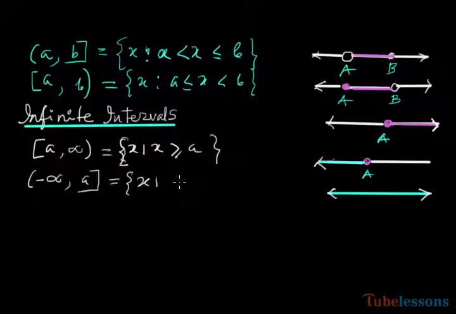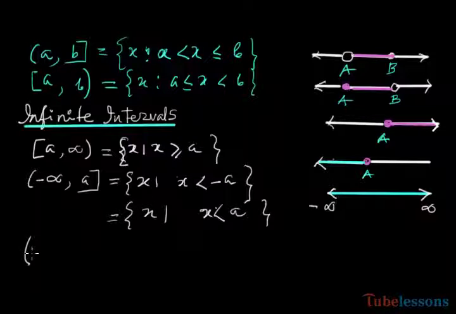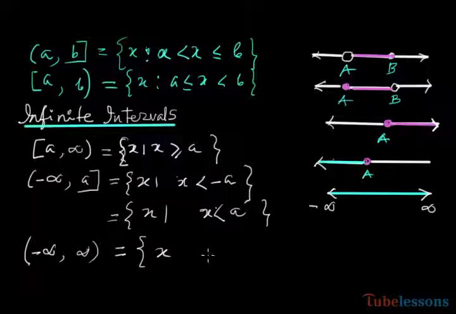Now here x is less than or equal to A. So you can write in this form. And the last one is from minus infinity to plus infinity. So we write minus infinity to plus infinity, such that x belongs to R.